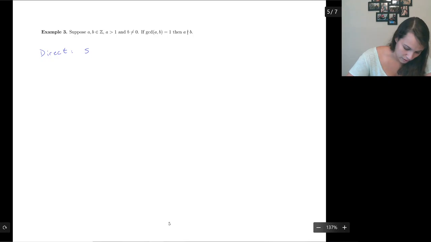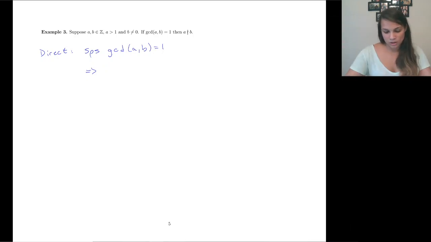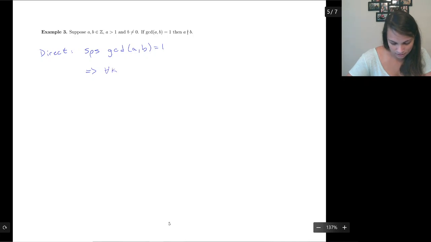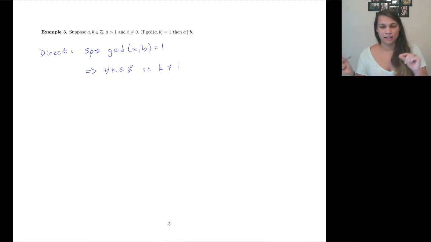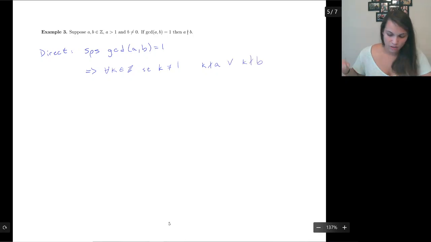So when we start with, suppose the GCD of A, B is equal to 1, that means every integer that isn't 1, so for all k in Z, such that k is not 1, we can't have k dividing A and k dividing B. So either it doesn't divide A or it doesn't divide B. Why is this?